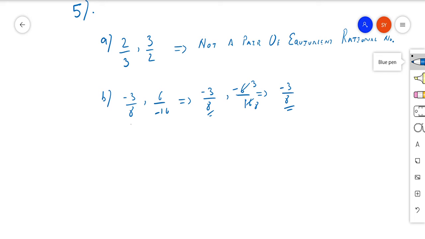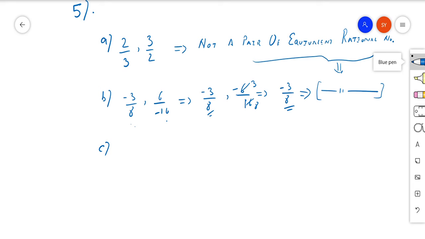So these two are equivalent rational numbers. The pair is an equivalent rational number. Without wasting much time, it's an equivalent rational number.